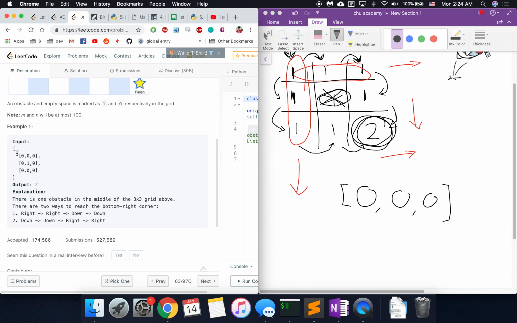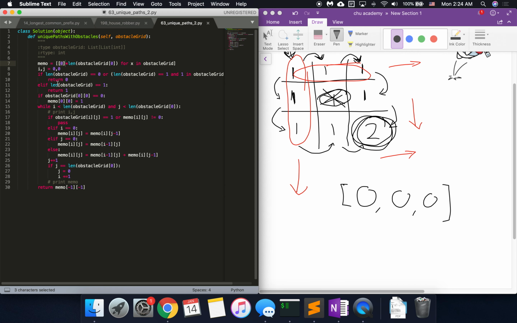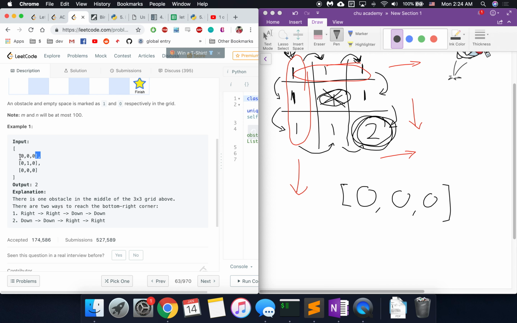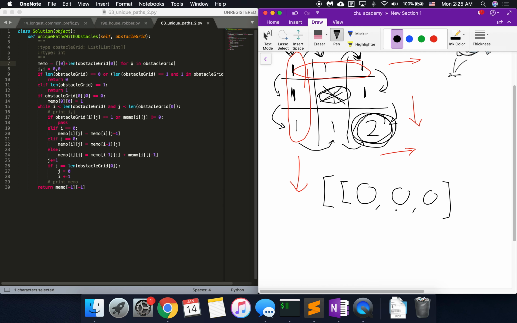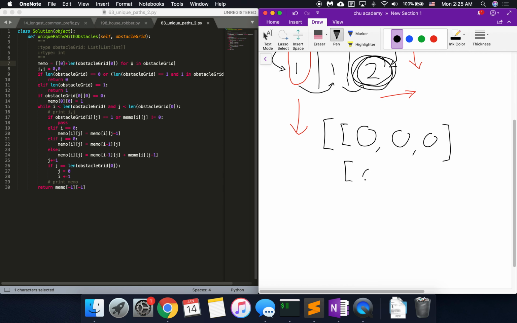You can see in obstacle grid 0 the length is 3, so this will give you 3 zeros. And then for the number of rows in obstacle grid, you can see this is a 3 by 3, so this will give you 3 more, or 2 more, I guess.